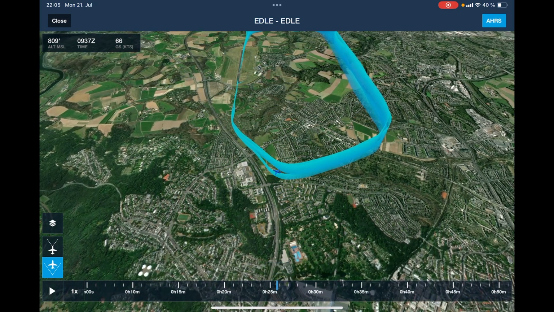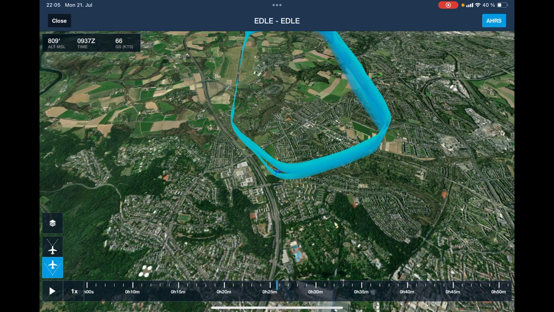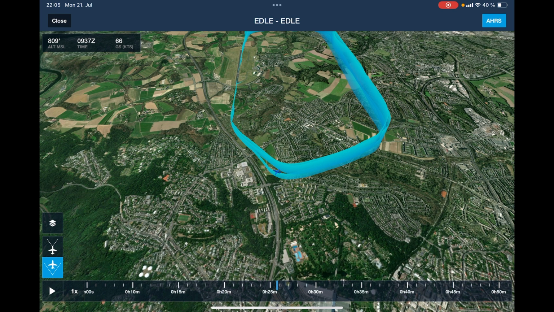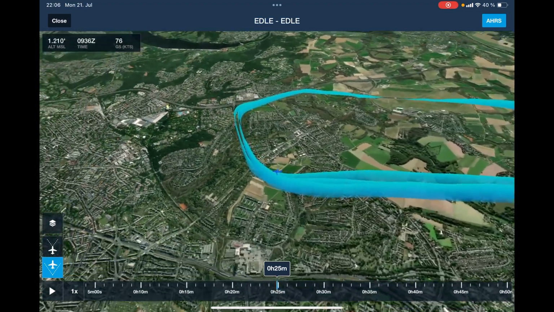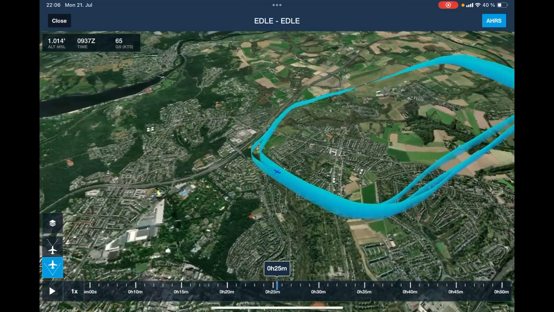So from right downwind towards base, you should descend at around 300 feet per minute. But I've probably lost somewhere around 500 or even 600 feet.